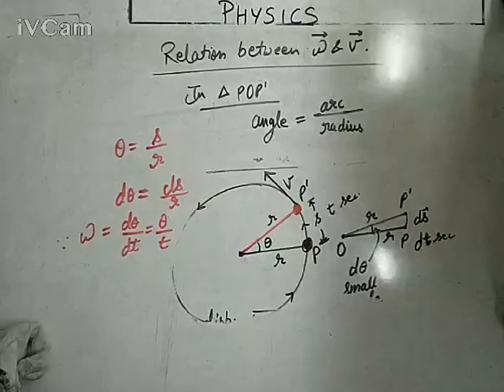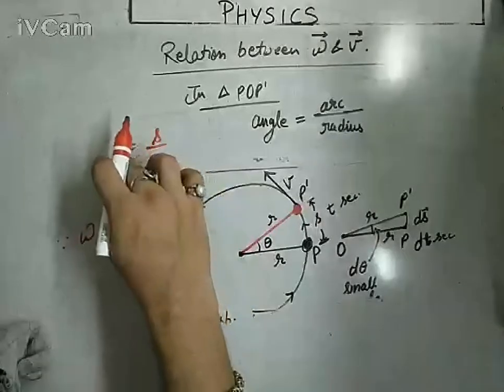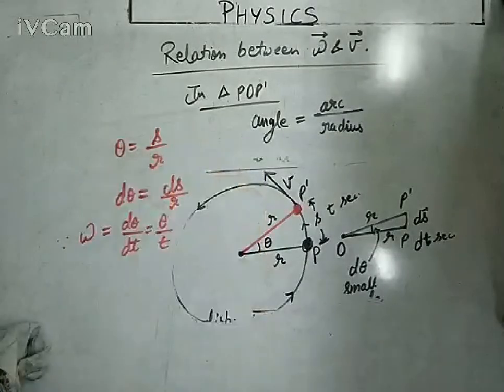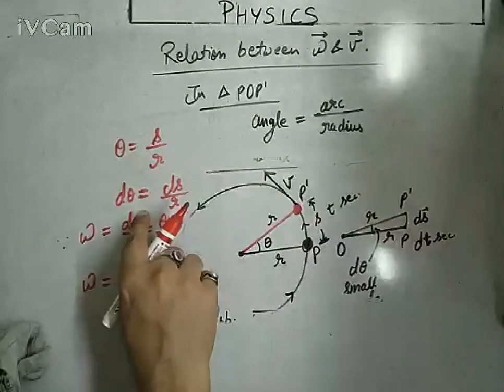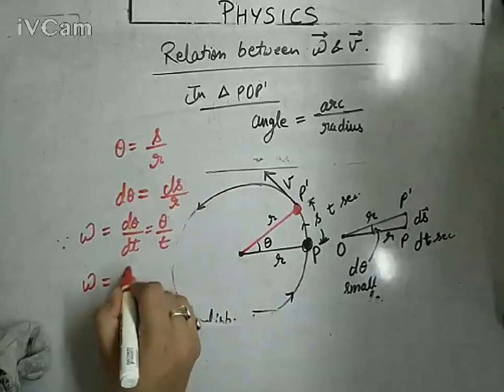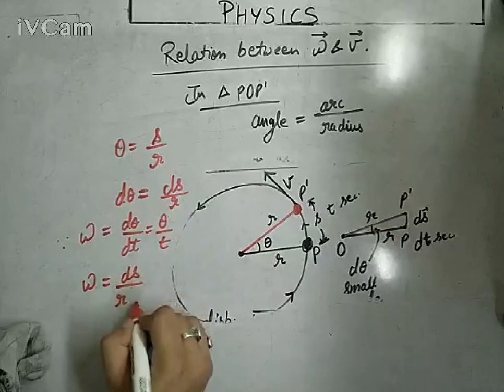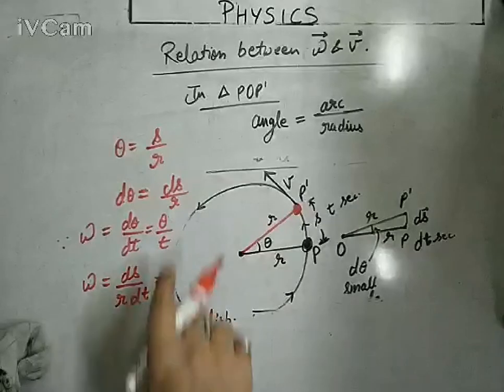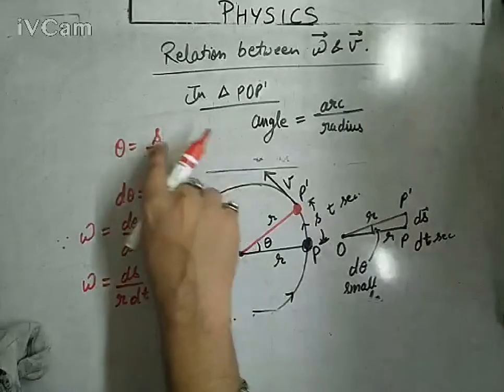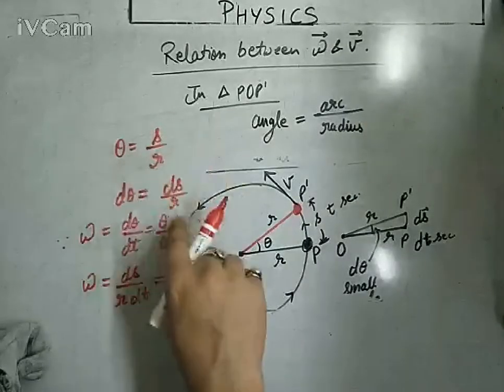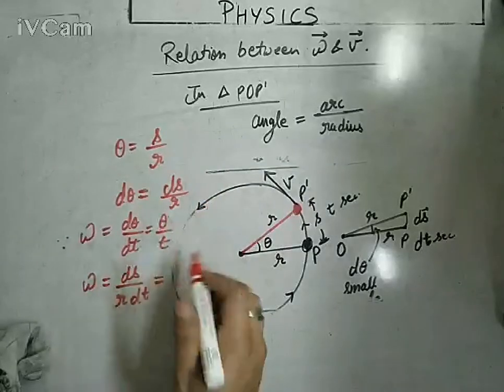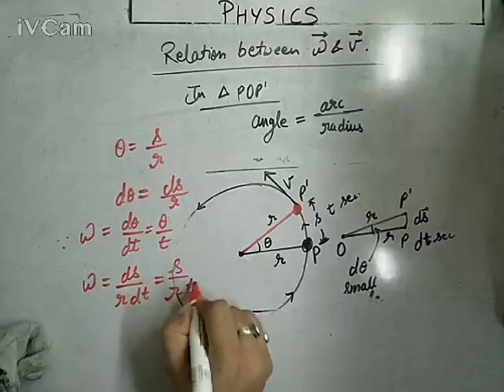You can place the value of theta or d theta from the relation angle equals arc upon radius. So omega would be, instead of d theta, ds upon r into dt, or instead of theta, s upon r into t.